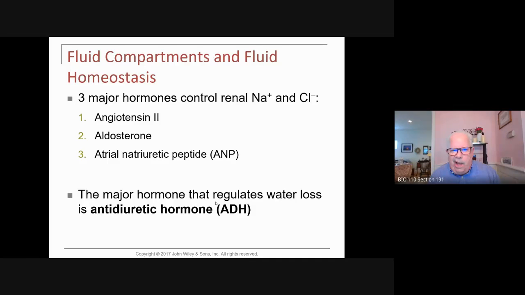And when your blood pressure drops because you've lost water, the pituitary releases antidiuretic hormone. Anti means against, diuretic means to urinate. So when you're in shock, you don't want to lose more fluids, so you don't urinate. And antidiuretic hormone is the major hormone that regulates water loss.